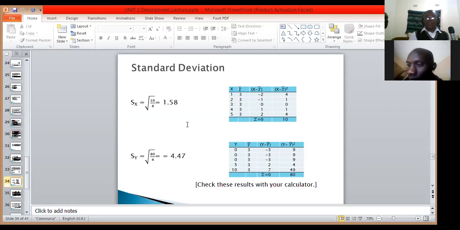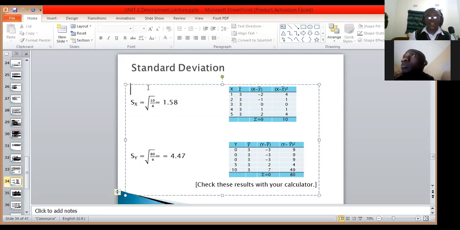So when we go back to our formula, the formula for standard deviation will be: we have the root there, but we should find the summation.